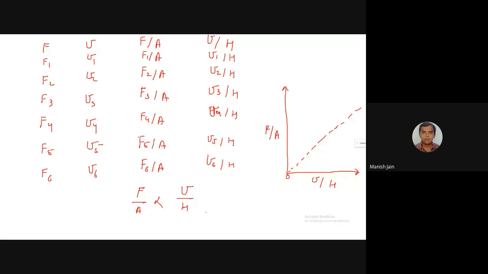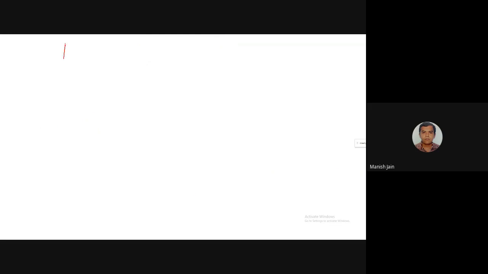Okay. And at zero force, the plate is in a stationary condition, so you can write (F minus 0) divided by A is proportional to (V minus 0) by h, because at zero force you have zero velocity. Or if you write this in differential form, F by A can be written as tau, the shear stress.